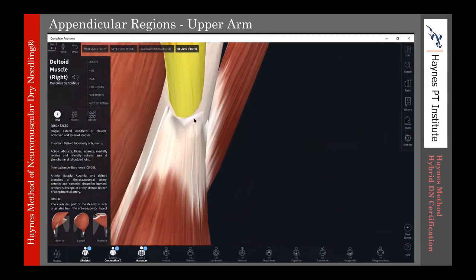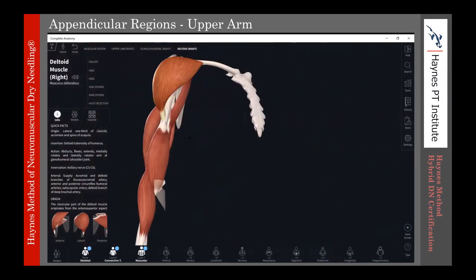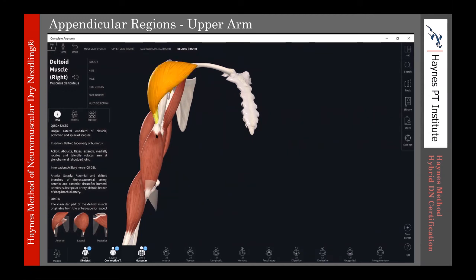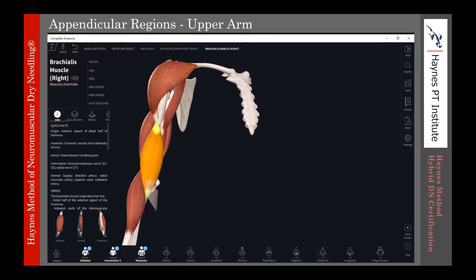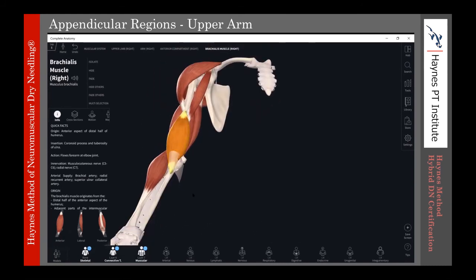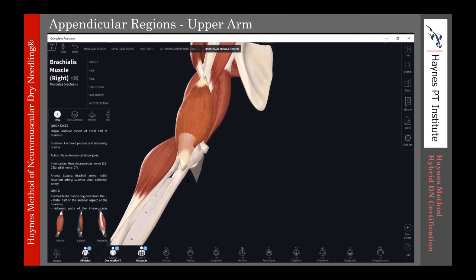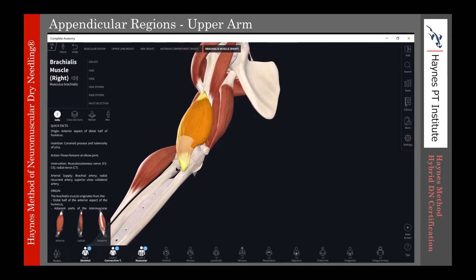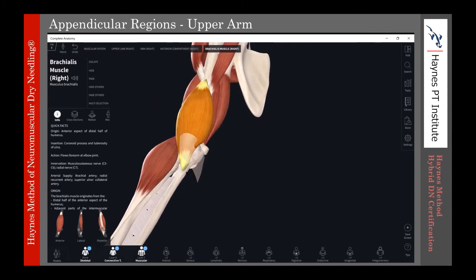Just inferior to that is the origin of brachialis. It inserts into the coronoid process and the tuberosity of the ulna. So whereas the biceps attaches onto the radius in this area, brachialis comes down onto the ulna instead, but at a very close proximity to each other. Its action is flexing the arm at the elbow joint.